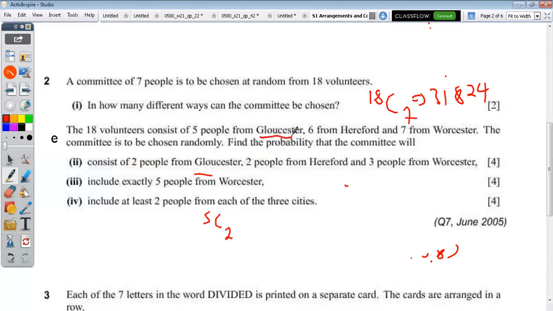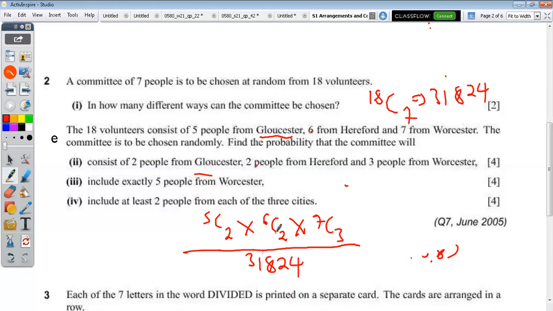So multiply. From Hereford, how many? 2 again. We are choosing from what? From 6. Multiply by, we are choosing 3 here from Worcester. Divided by the total possible, which is 31,824, or you can say 18 choose 7 if you want.